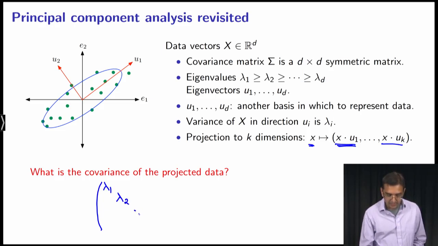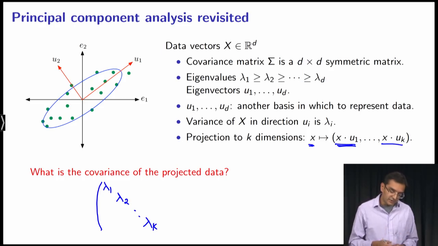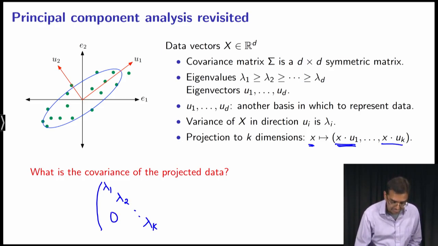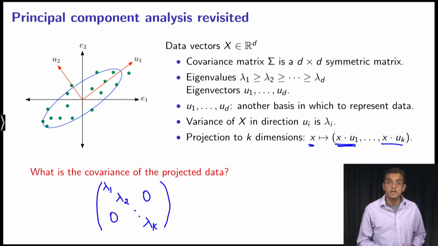The variance in direction uk is lambda k. And in these directions, u1, u2, and so on, the data is uncorrelated. So the off-diagonal entries are 0. And so this is the projection. The projected data has this k by k covariance matrix.